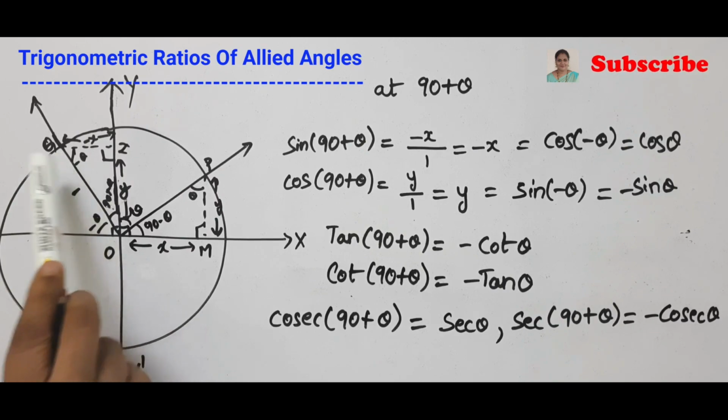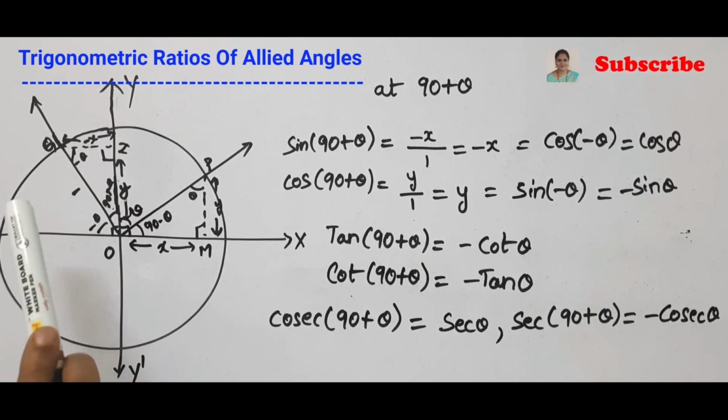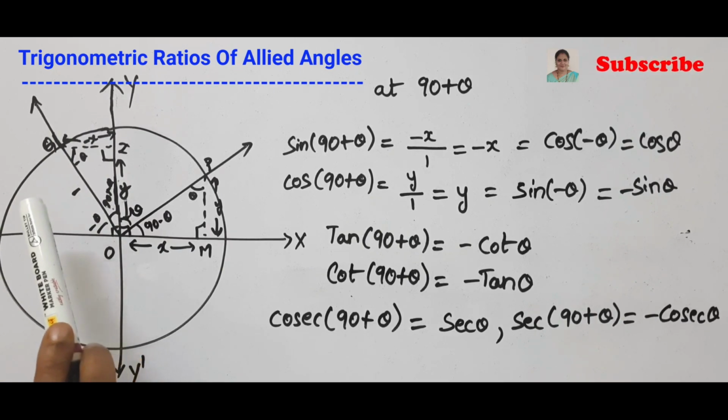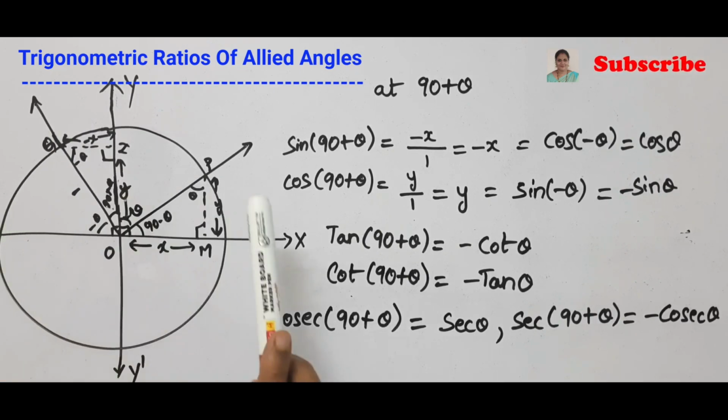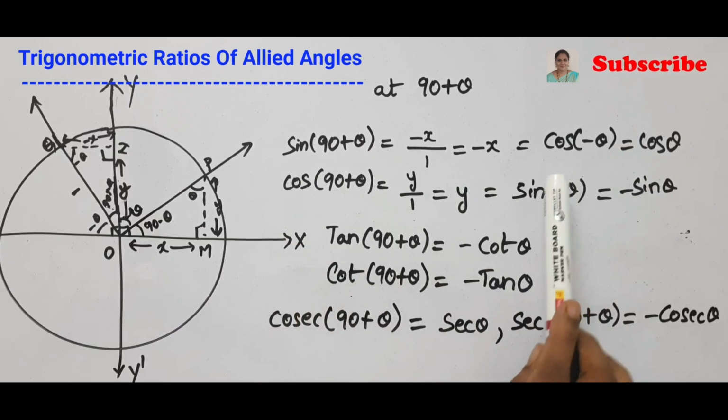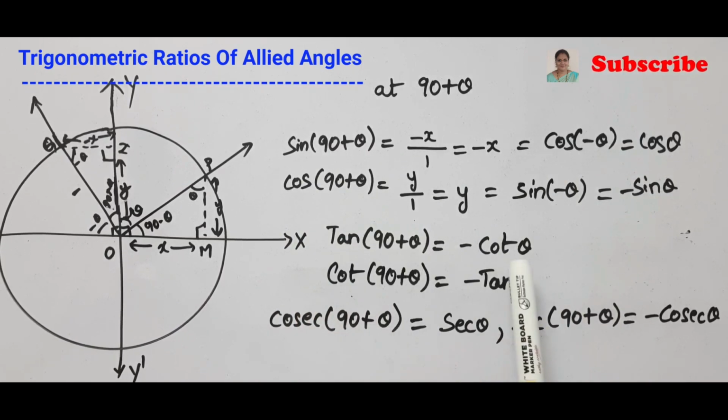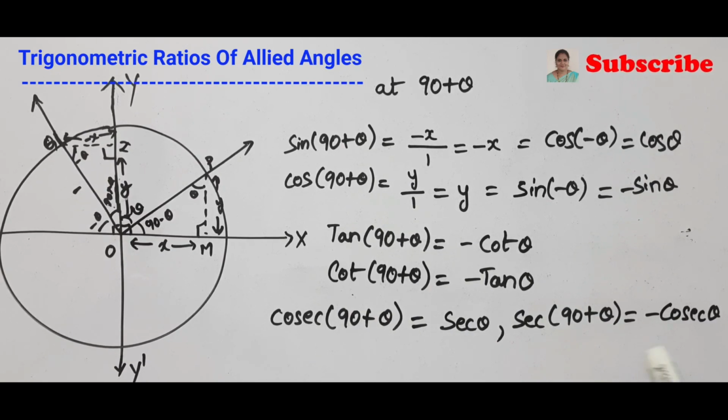So in the second quadrant, sine and cosecant will be positive, the remaining all negative, and also there will be a change in the trigonometric ratios. That is, sine changes to cos, cos changes to sine, tan changes to cot, cot changes to tan, cosecant changes to secant, secant changes to cosecant. That is, secant of 90 plus theta will change to cosecant. Depending on the quadrant in which the angle is, you have to keep the plus or minus sign.